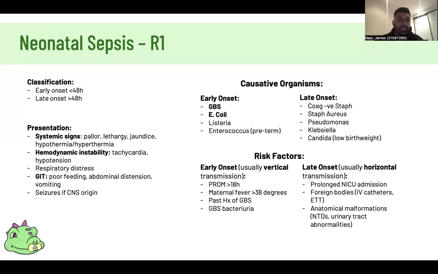In terms of how it presents, it can present quite non-specifically, like it can in adults. So your systemic symptoms of pallor, lethargy, jaundice, and then hypothermia or hyperthermia, so really any extreme in temperature would cause some alarm. Hemodynamic instability, again like in adults: tachycardia, hypotension, respiratory distress as well.